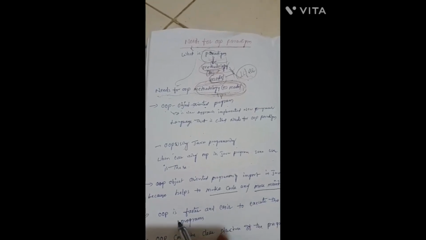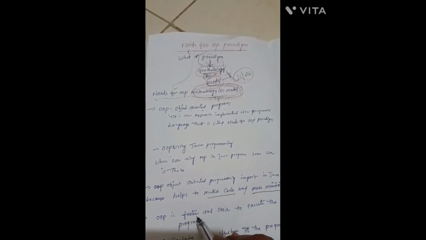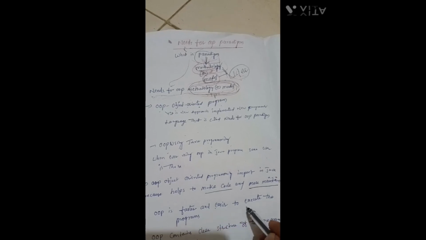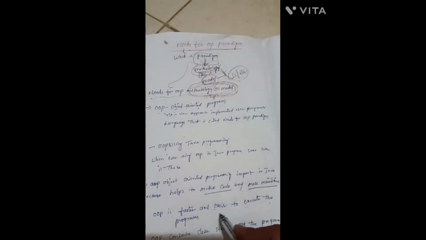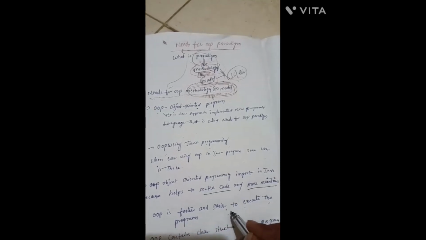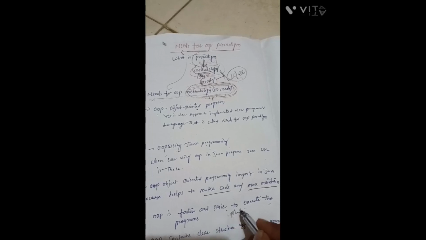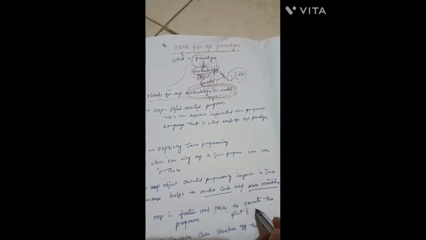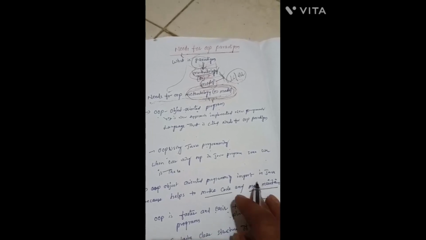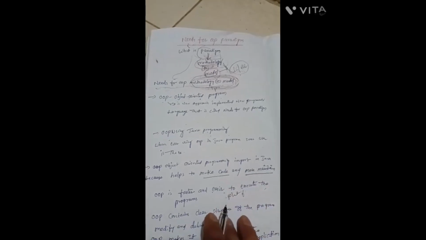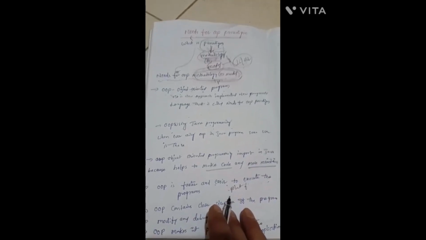Next point is that object oriented programming executes programs faster and more easily because it is platform independent. That's why it gives fast execution.